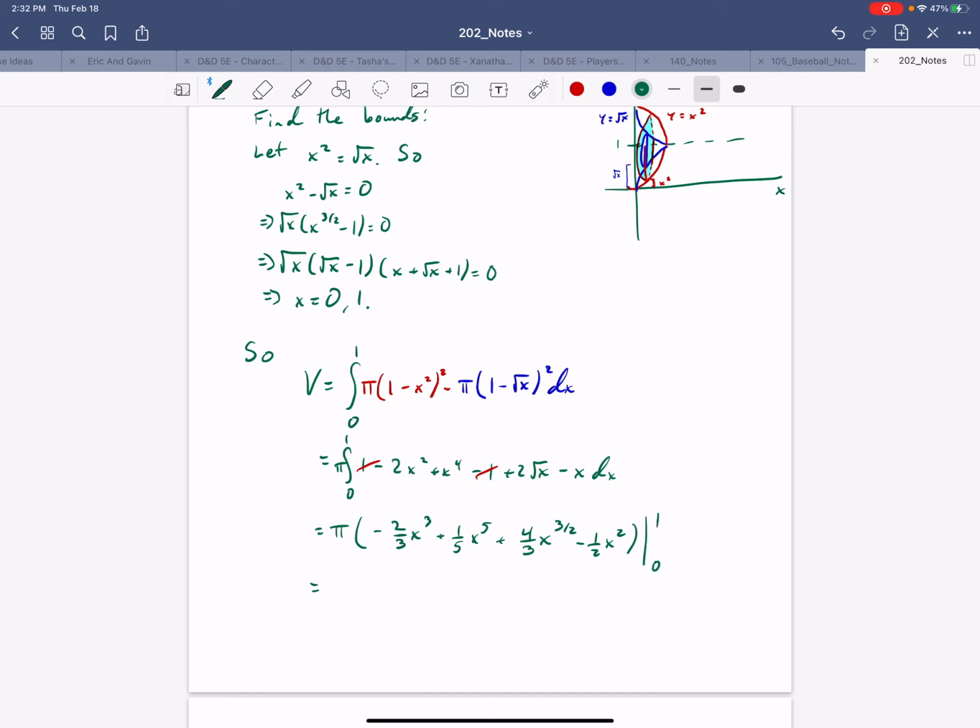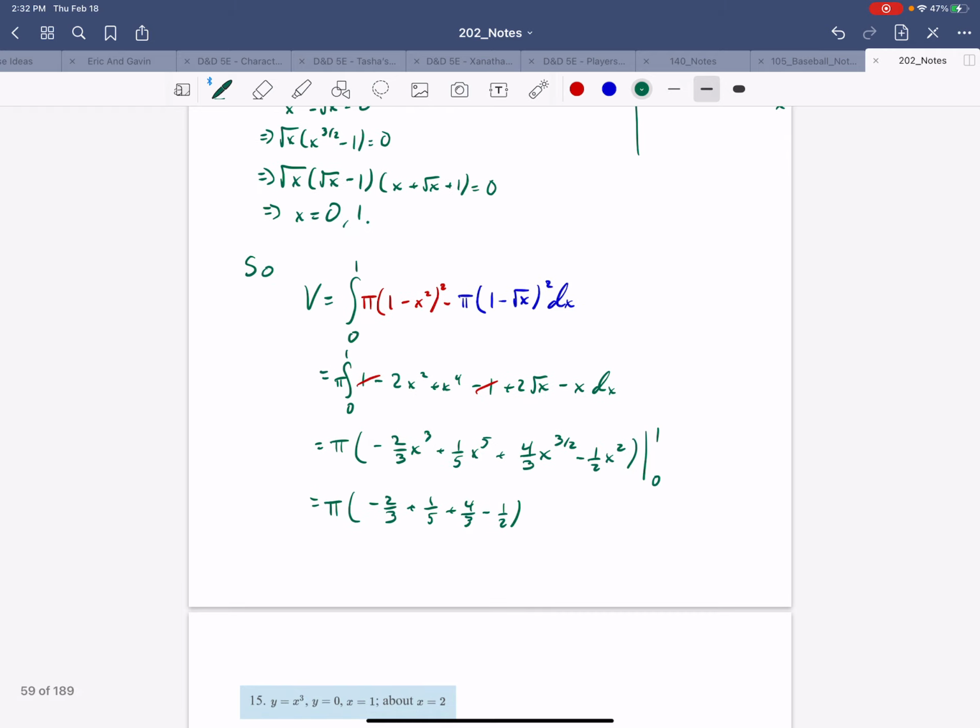Note that when you plug in 0, you will get 0 for everything, so just keep that in mind, but in general, always be careful about that. This will be pi times negative 2/3 plus 1/5 plus 4/3 minus 1/2.